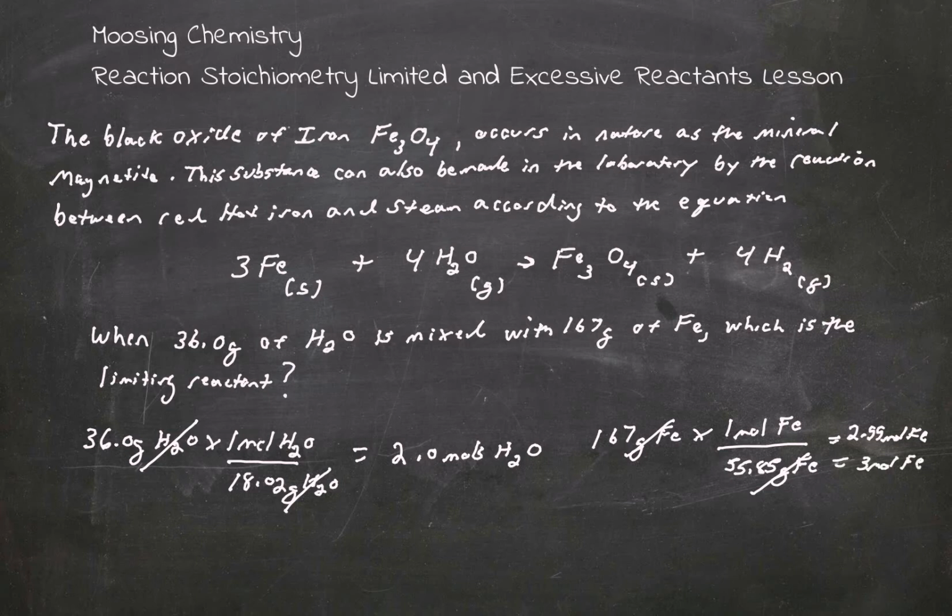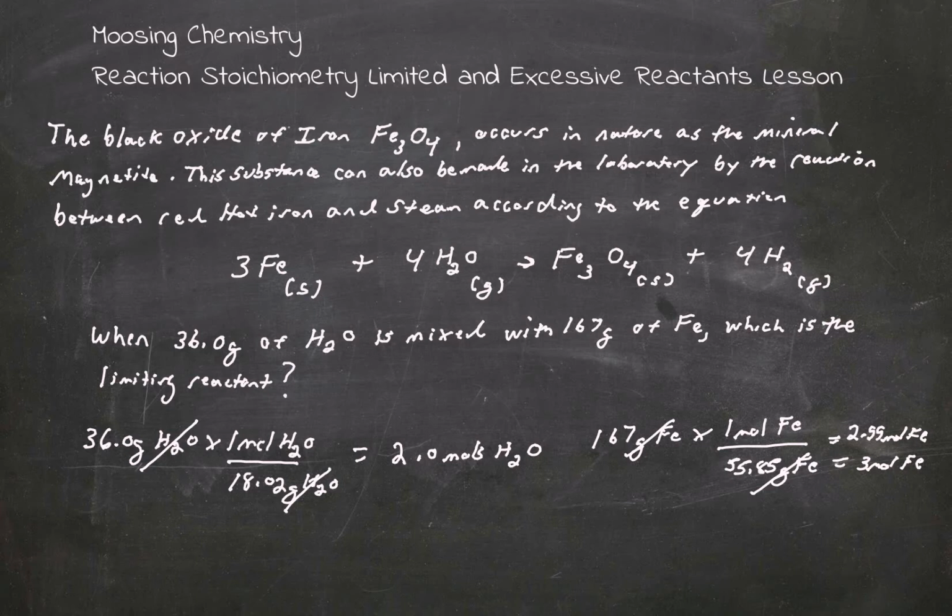So that makes enough to satisfy this part of the equation. But let's just double check to make sure we're all good. So what we're going to do is find out from the equation how many moles of water is required, right? So we're going to test the water to see if it's the limiting reactant.